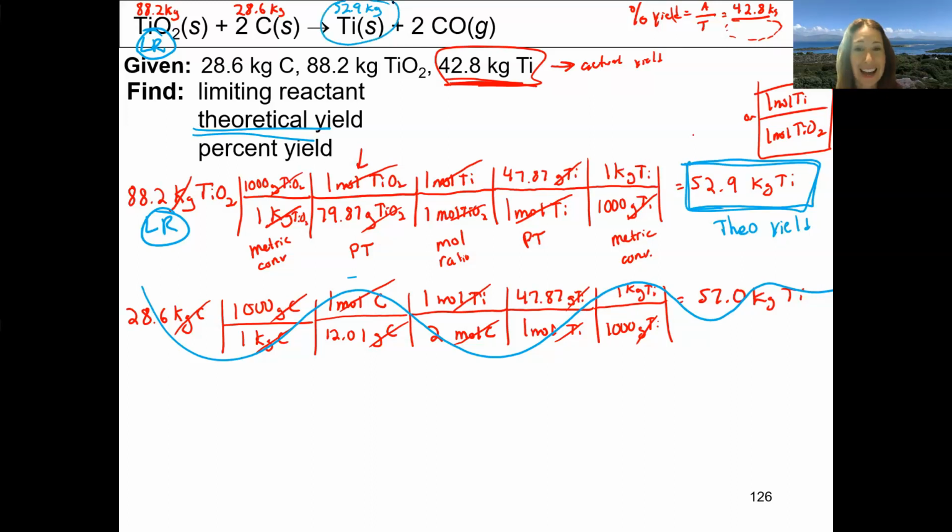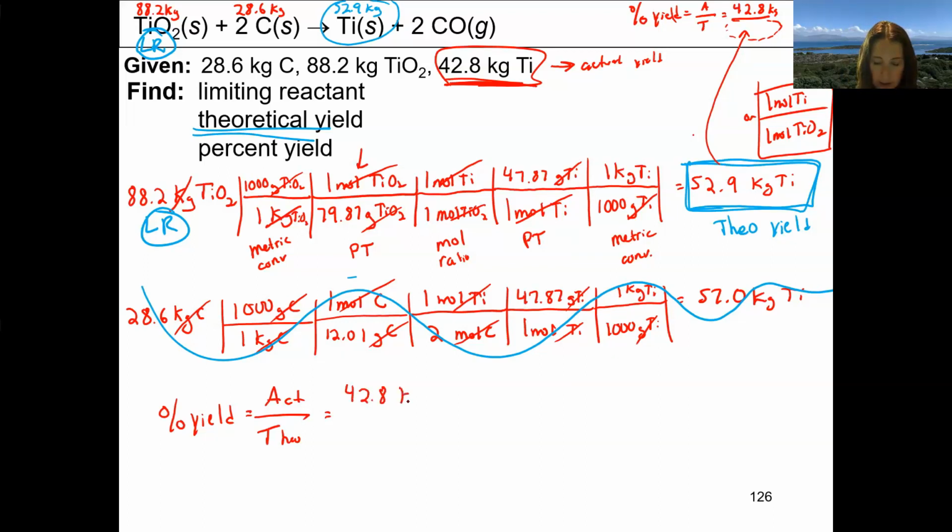So now let's see how far off we were from perfect. So now when we do our percent yield, this is our theoretical yield. That's what goes on the bottom here. So if we do our percent yield, remember it's actual over theoretical. The actual has to be given to you because we didn't do this in lab. So we decided that one was 42.8 kilograms of Ti.